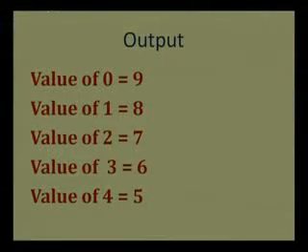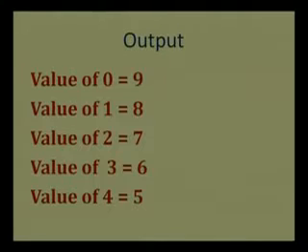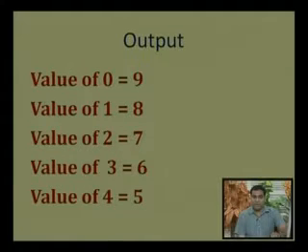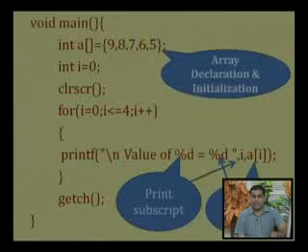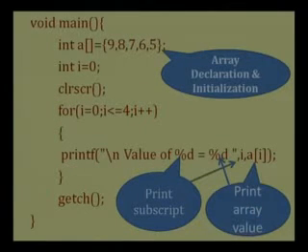Value of 0 equal to 9, value of 1 equal to 8, value of 2 equal to 7, value of 3 equal to 6 and value of 4 equal to 5, that is 98765. Initially starting at 0, value of 0 equal to 9, then incrementing by 1, value of 1 equal to 8.